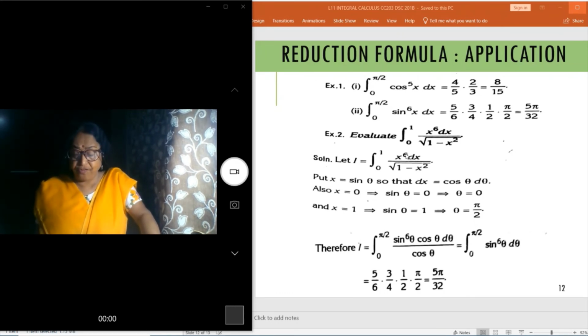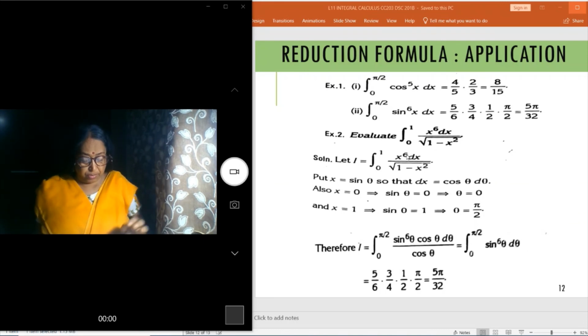See here, if we want to find this value, our limit should also be 0 to pi by 2, not from 0 to 1. Here we substitute the value of x, and then subsequently, if the value changes from 0 to pi by 2, only then can we use this formula.